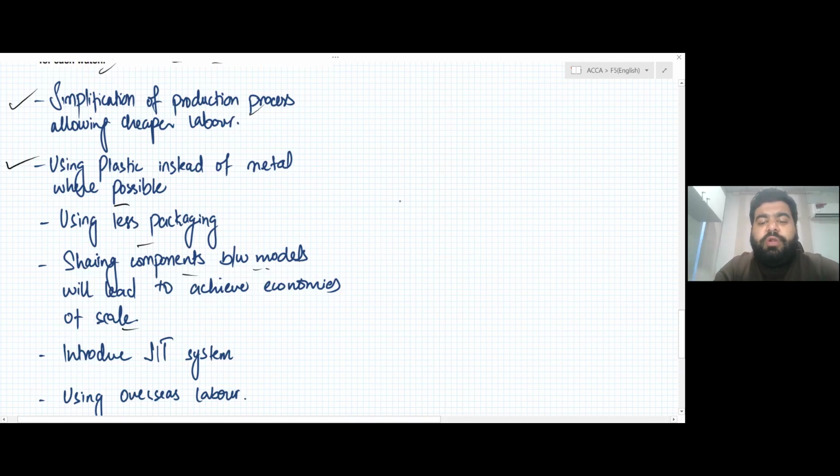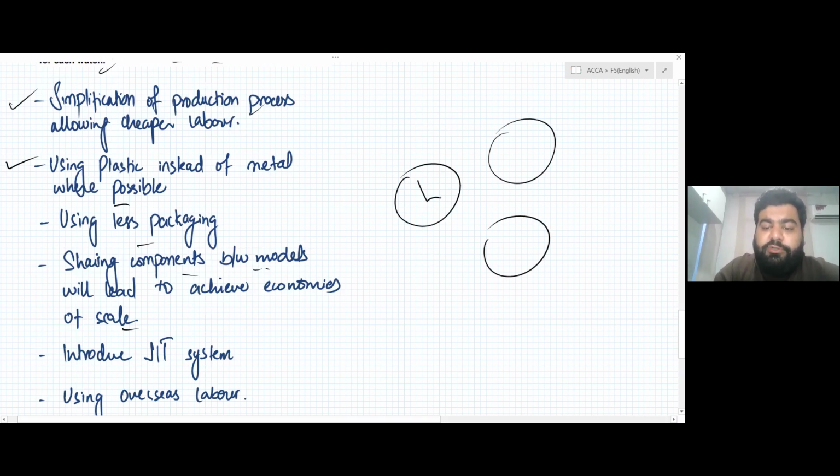How? Sharing components means, for example, I have three models of watches. These are three different models of watches. Obviously, there is machinery inside the watch on the back side, right?